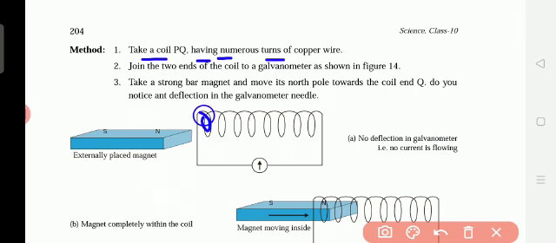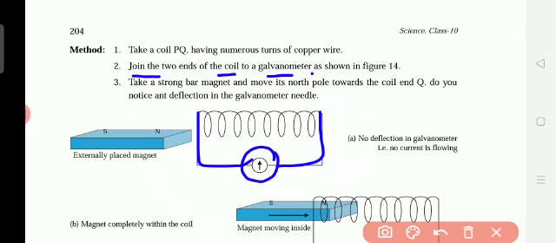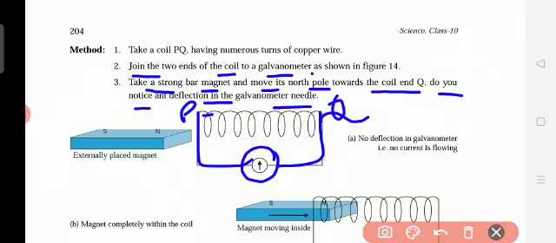Numerous means many turns of a copper wire. Join the two ends of the coil to a galvanometer. This is P, this is Q. Take a strong bar magnet and move its north pole towards the coil. Do you notice any deflection in the galvanometer needle?